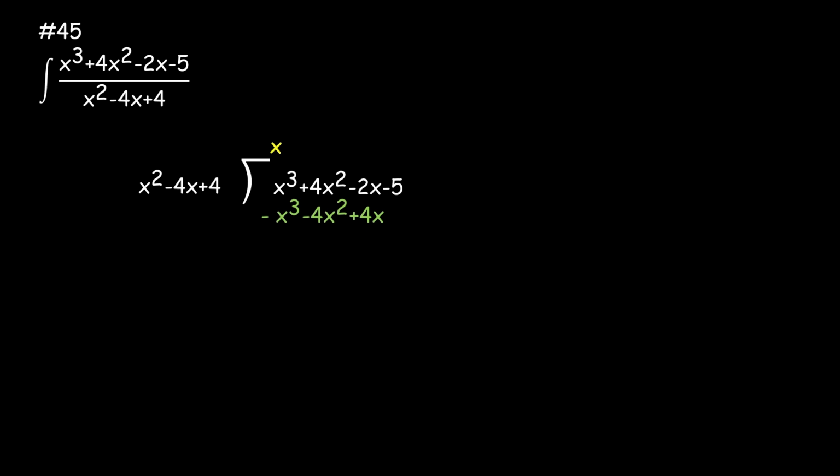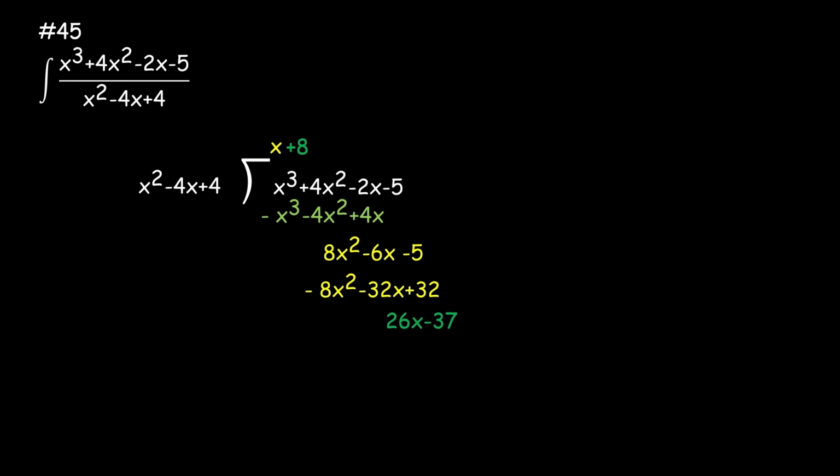And this would give us 8x squared minus 6x minus 5. Once again, we divide this by the divisor and we should get a positive 8. Then we multiply once again to get 8x squared minus 32x plus 32. And then once we subtract these two values, we should get 26x minus 37.